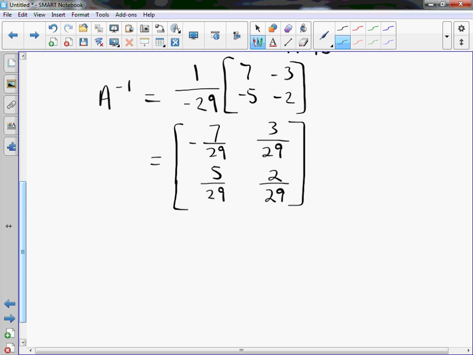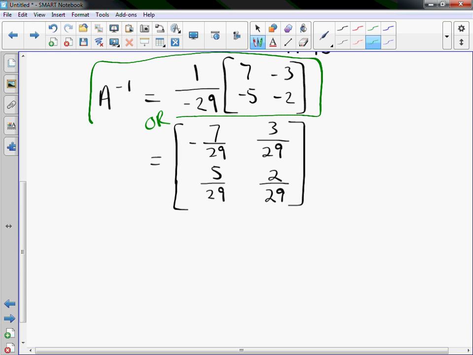Sometimes they do. But that's just another way of writing the inverse of A. Either one of these answers would work. Okay, so that is how to find the inverse of a 2 by 2 matrix.